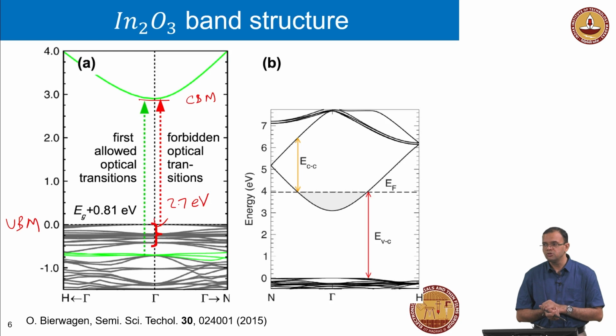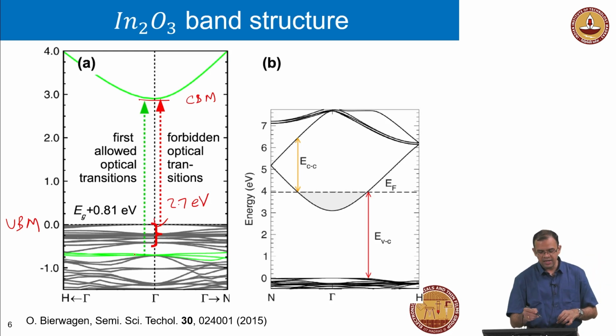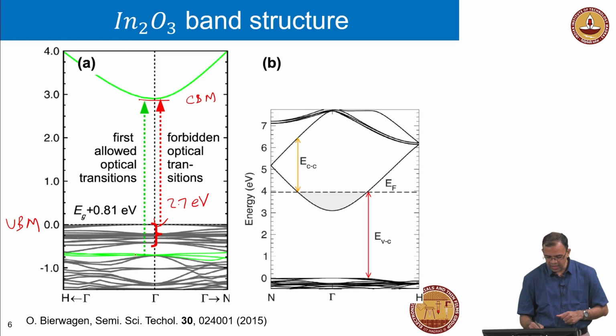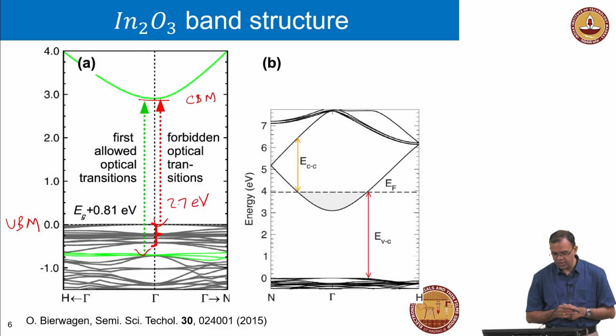I think that's more to do with the particular arrangement of the valence band states in indium oxide, which means that for an optical transition, for an electron to jump from the valence band to the conduction band by absorbing light, it only happens from a state that is slightly into the valence band.